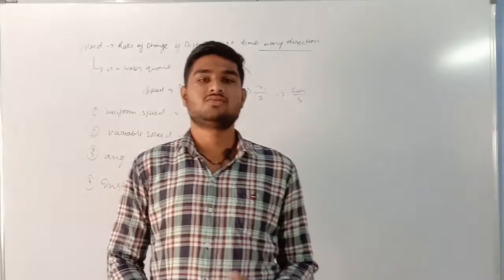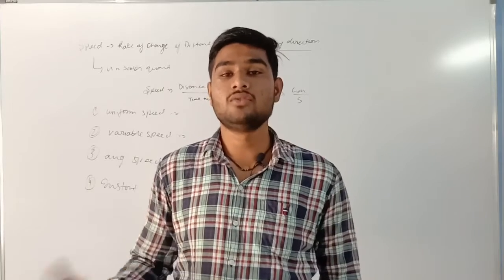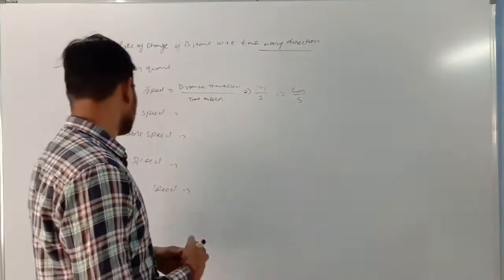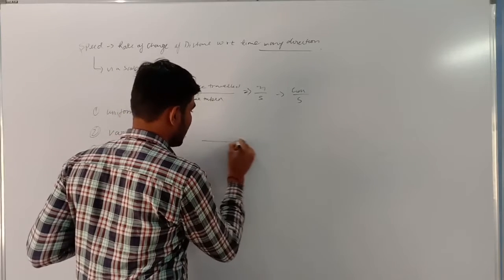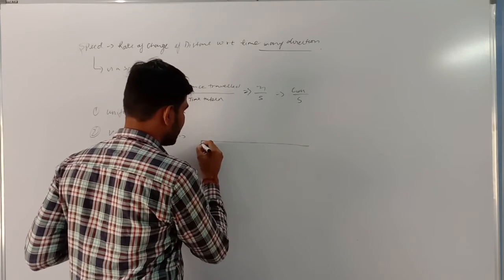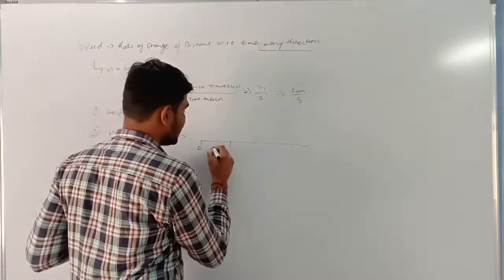What is variable speed? Speed is variable if unequal distance is traveled by an object in equal intervals of time. Let's understand this. For example, a body moves from origin O, and the time interval we are taking is 10 seconds.